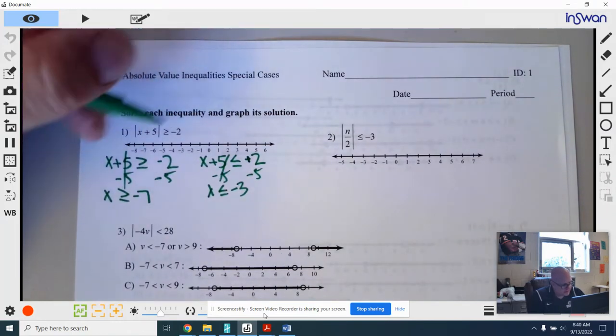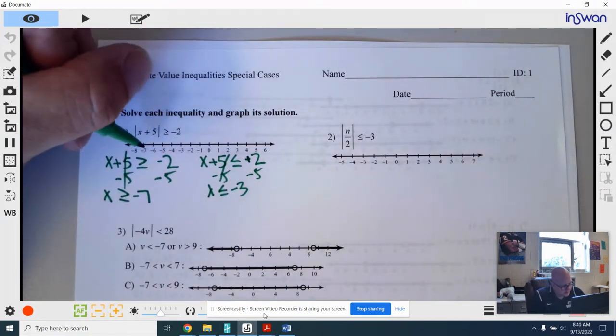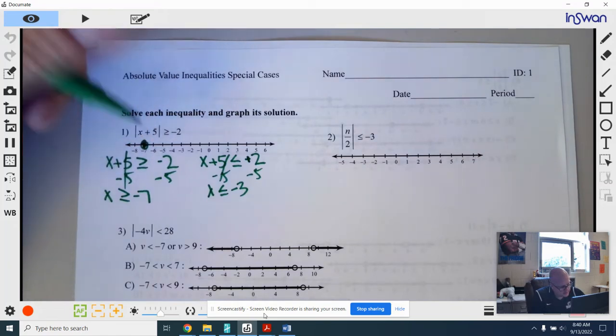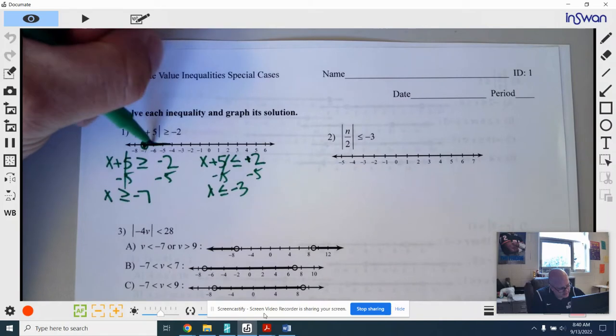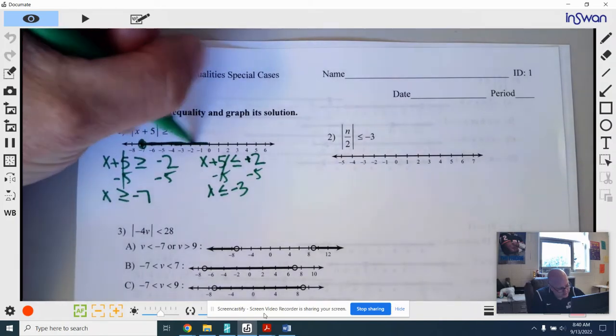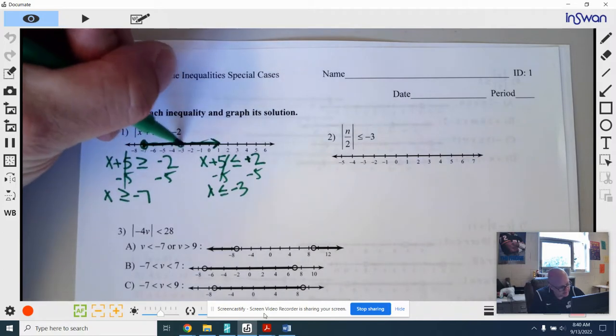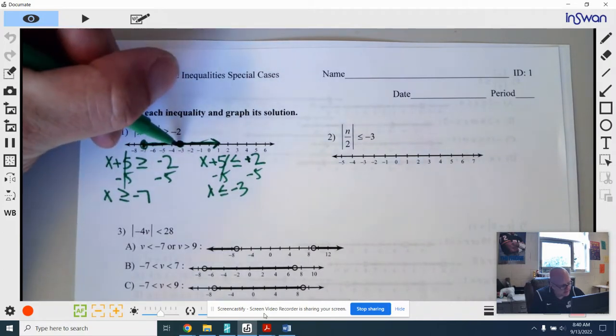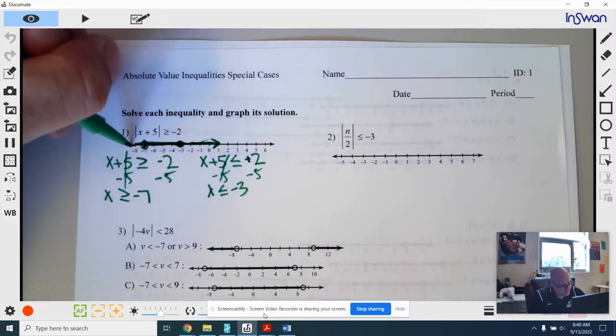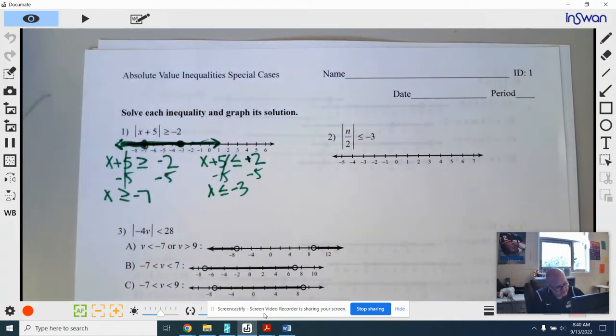All right, so I'm going to go ahead and graph that. And x is greater than or equal to negative 7, so that's a closed point. It's got to be shaded to the right. And then x is less than or equal to negative 3. Again, it's a closed point, and that's shaded to the left. So you see what's going to end up happening is that everything on this number line is going to be covered.